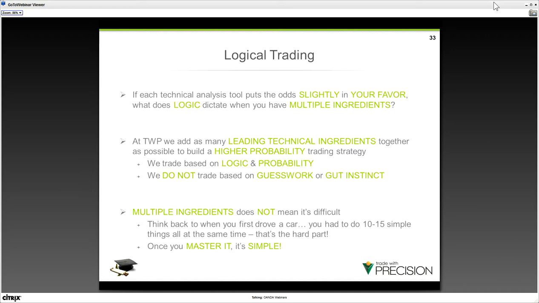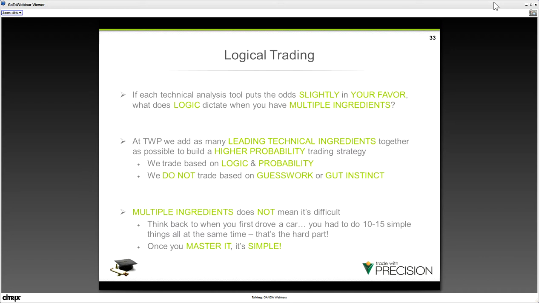So what we're not doing is trading based on a hunch or based on a news release or what the guys on CNBC are saying or what major fund managers are doing. This is not about guesswork or some kind of an instinct of any kind. We've actually boiled it down to something that's repeatable, and it's based on logic and reason and what we can actually see and determine by looking at a price chart.